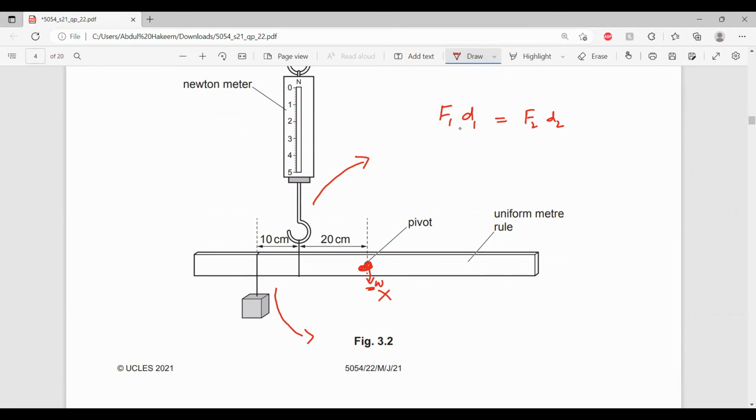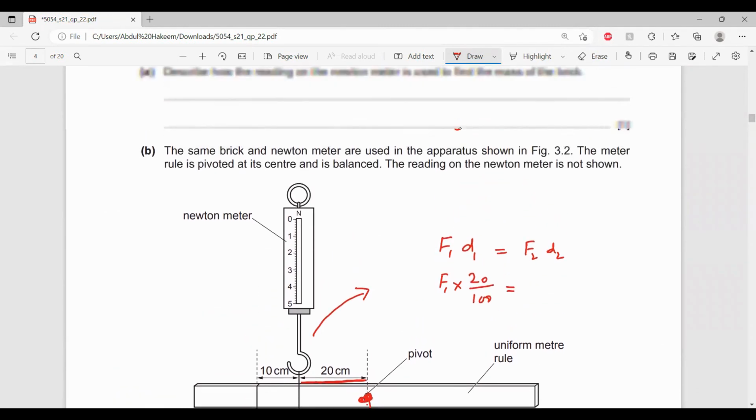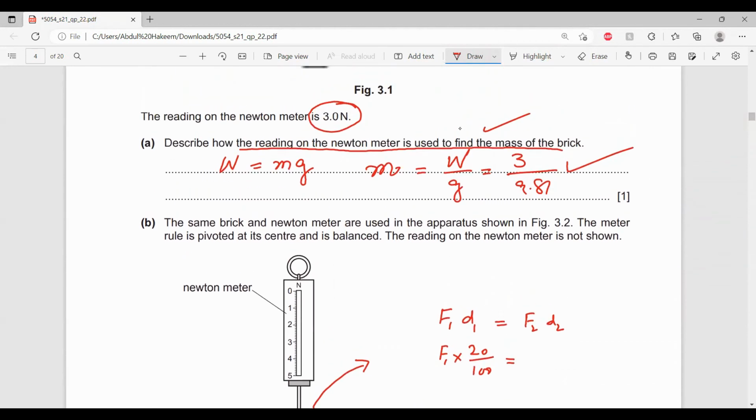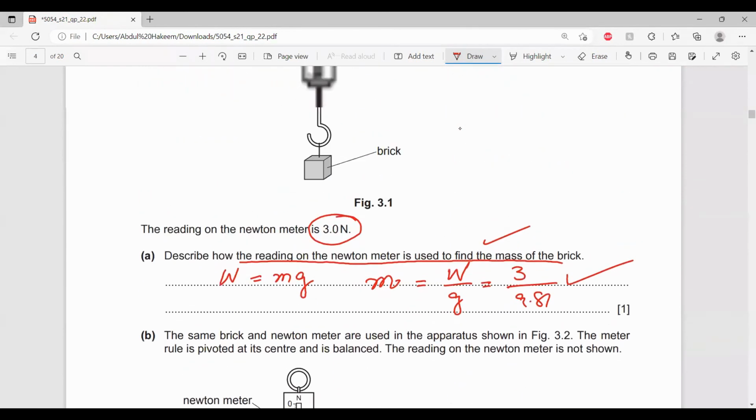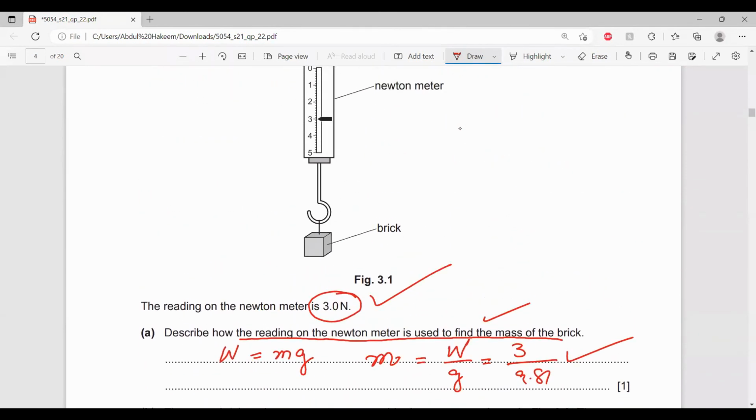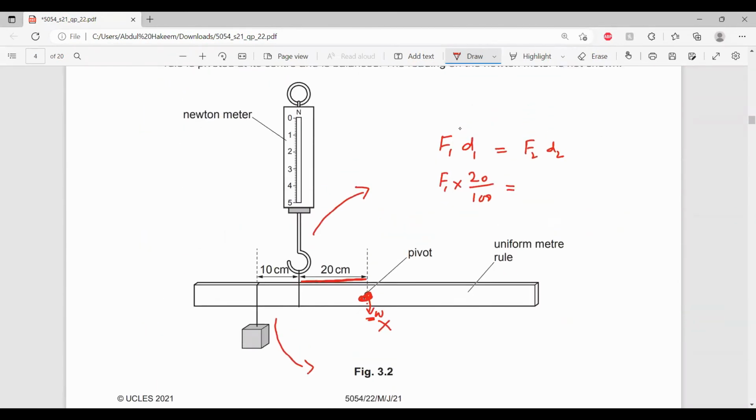So the force exerted by the Newton meter is required, and the distance of this from the pivot is 20, but we have to convert this into meters. And the second, look, the weight of this brick is already given here, 3 Newton. So we will write here 3 multiplied by its distance from the pivot, total 10 plus 20, it's 30.